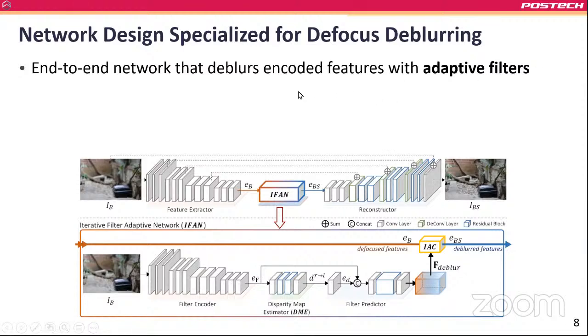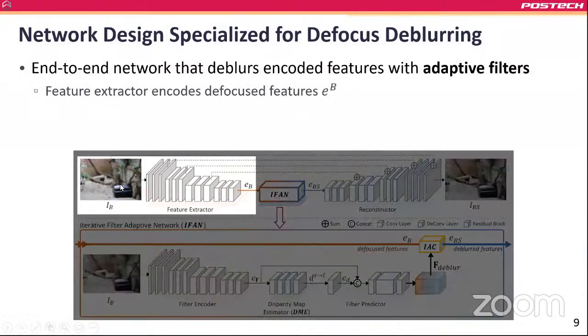We have an input image and a feature encoder, and we want to deblur these features. But instead of directly estimating defocus-deblurred features from the encoded features, we predict the filters needed for defocus deblurring.